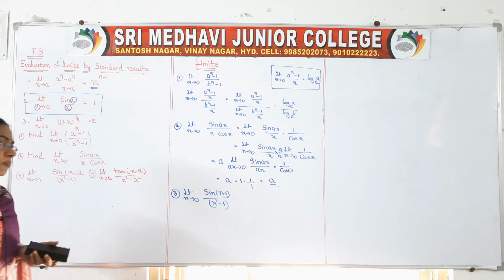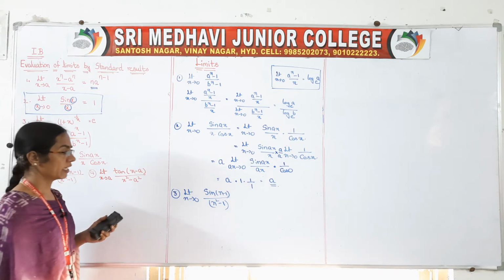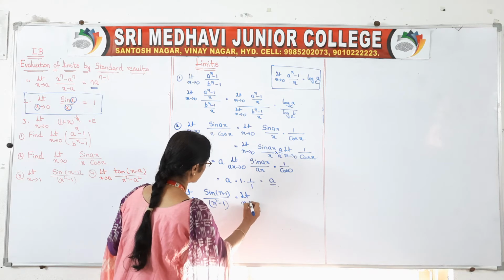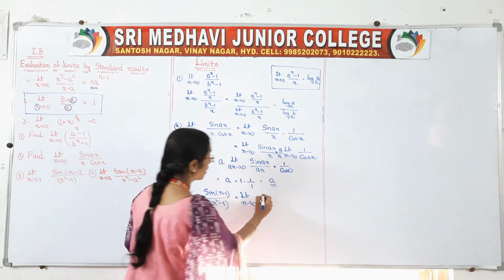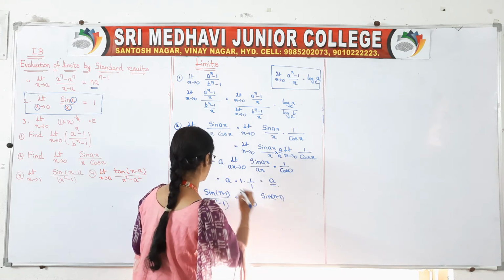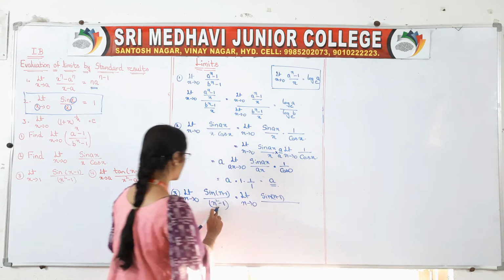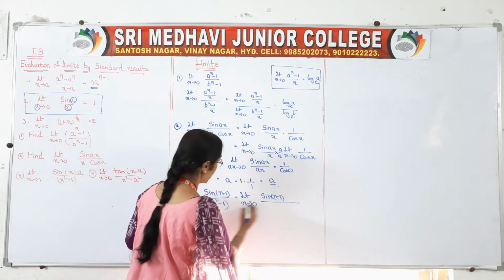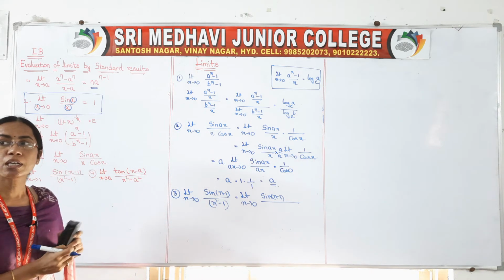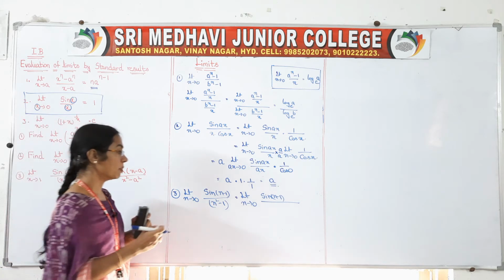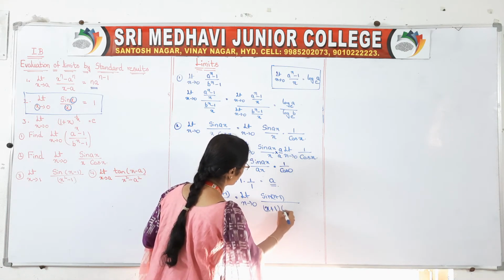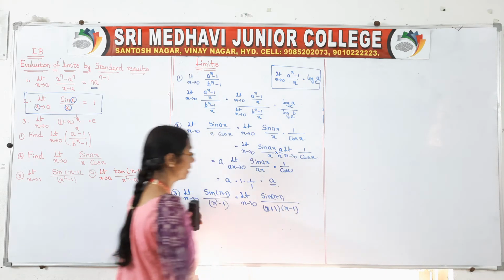Observe carefully how we can deal with this problem: limit x tends to 0 of sin(x minus 1) by x square minus 1. We can write this in a square minus b square form, since 1 can be taken as 1 square. So it is a plus b into a minus b.